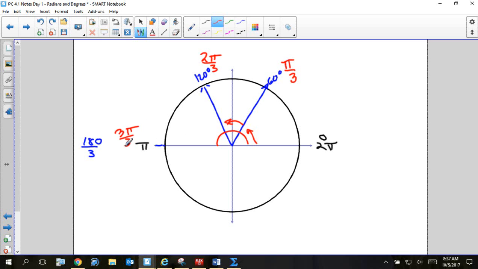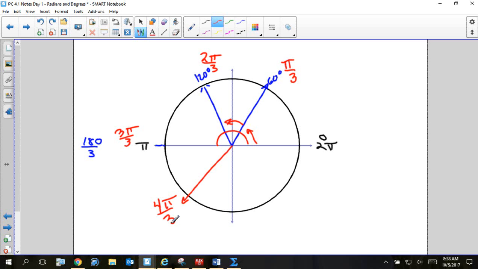But eventually we might need it as 3 pi over 3. We might need it as that. So I'm just going through it and saying it. And if I want to go around and I want to label more, then I have to keep counting by pi over 3s, which is like 60 degrees. So I'm going to draw another one. This one's going to be my 4 pi over 3. Will my next one be on the y-axis?